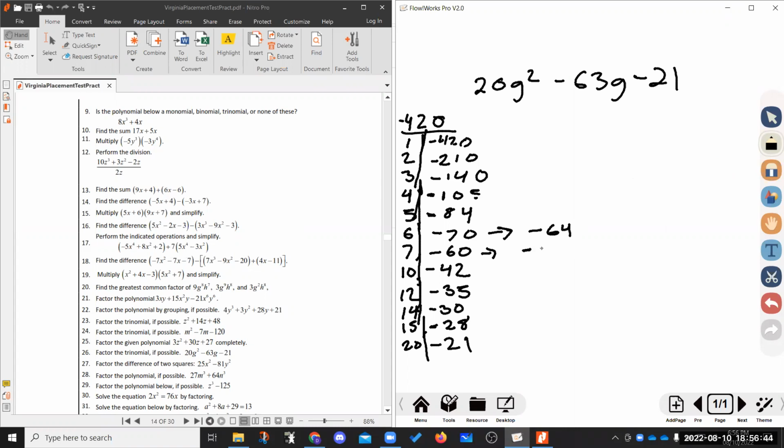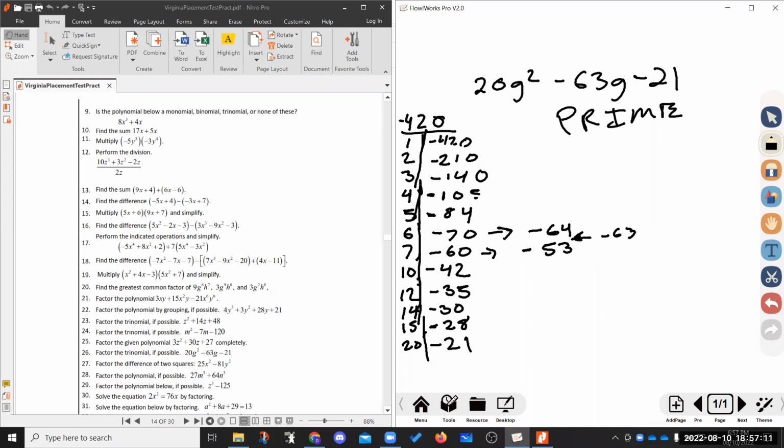And this adds to give me negative 53, and negative 63 is somewhere between here, and I haven't skipped any factor pairs, so I know that this is prime, and I've proved it that there is no factor pair of negative 420 where I can split the middle term up to give me a sum of negative 63 where I can factor it by grouping.